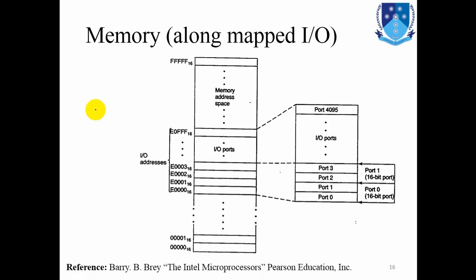The memory management in any microprocessor, along with the mapped I/O, is shown in this figure. Here you can see that a memory space is used. That memory is divided into locations. You can see that that is the very first location of that memory, that is the second location, and so on. That is the last location of this memory.